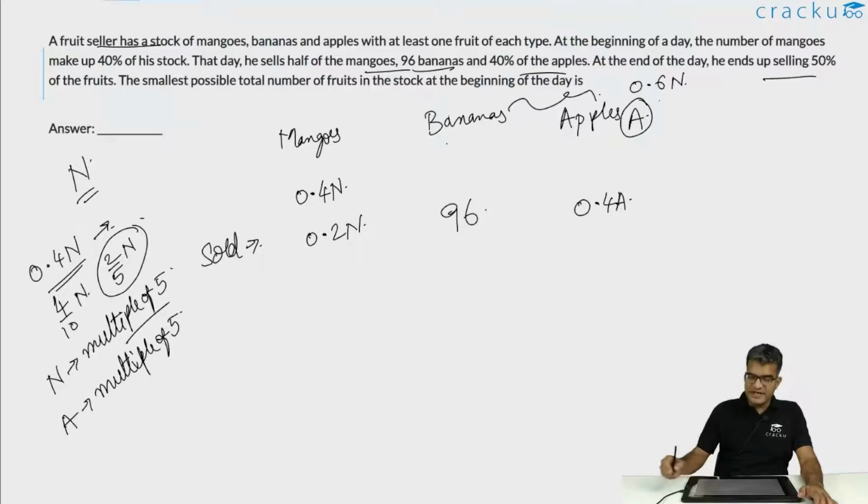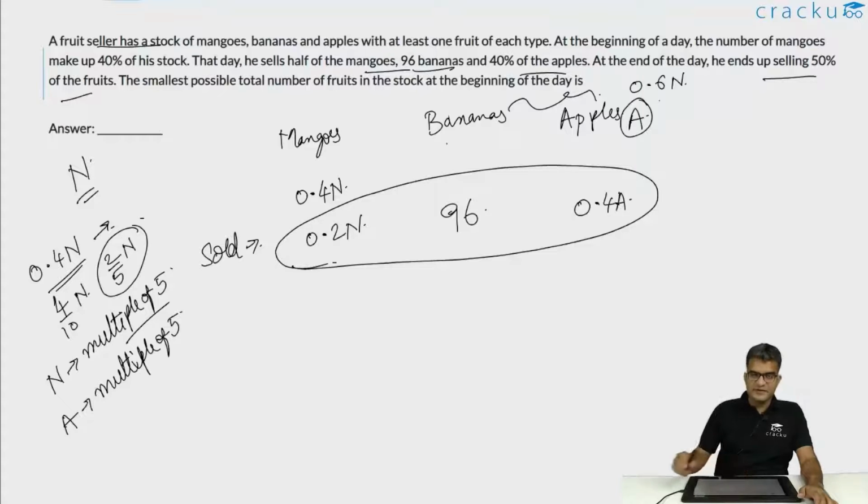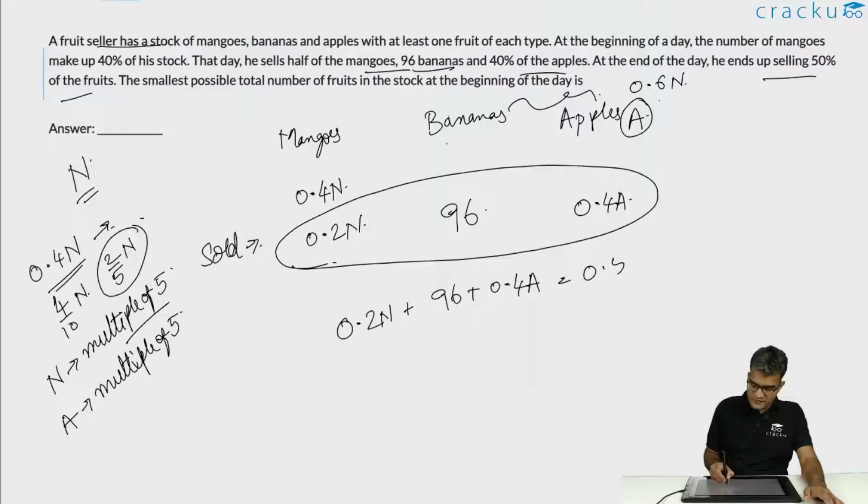And at the end of the day, he ends up selling 50% of the fruits. So basically, this will make up 0.5n because this is 50% of the fruits. So 0.2n plus 96 plus 0.4A is equal to 0.5n, which is 50% of the fruits he had originally.